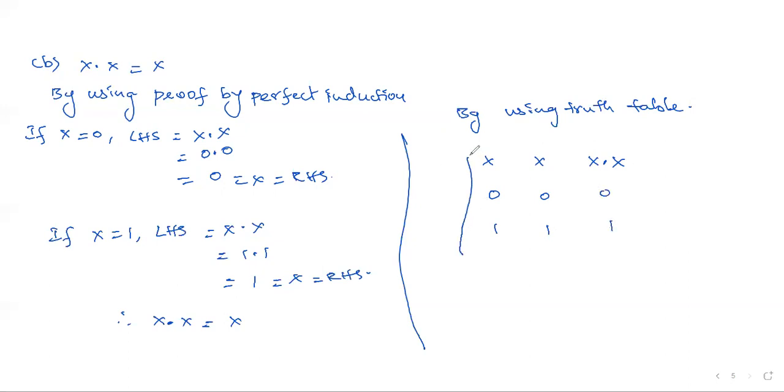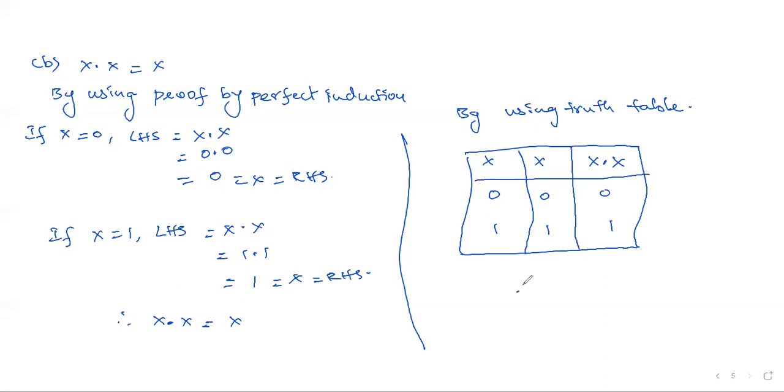So by using this truth table, after observing the columns x and x, we can say that x and x will be x. Because in the columns x and x both are the same, because of that we can say that it is the same.